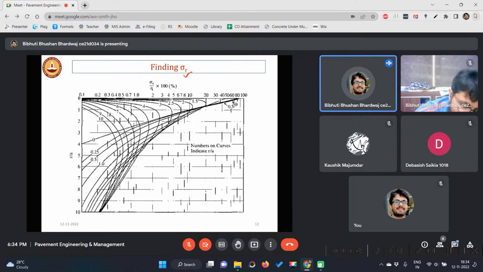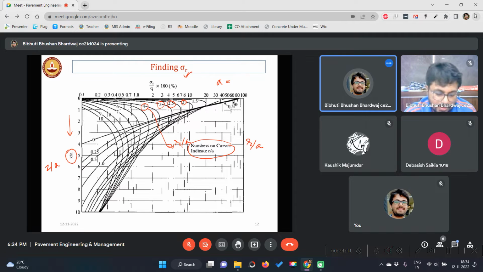Okay, and if you see your charts, two terms are required. One is z by a, and the numbers on the curves indicate r by a. So this 4, 3, 2.5 defines r by a. What was a? Again, what was a?